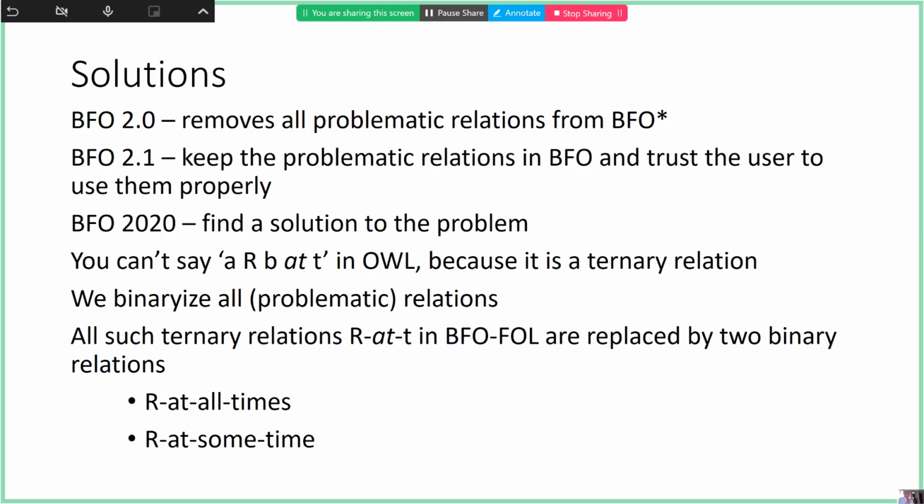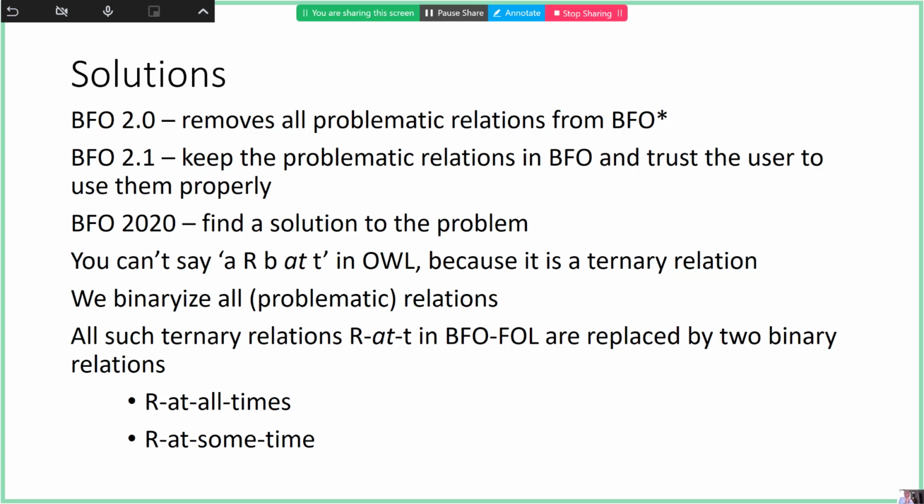And now, just to repeat, you can't say A stands in relation R to B at T in OWL because it's a ternary relation. And so what BFO 2020 does is that it binaryizes all the problematic relations. So all the relations involving continuants are binaryized in two forms.